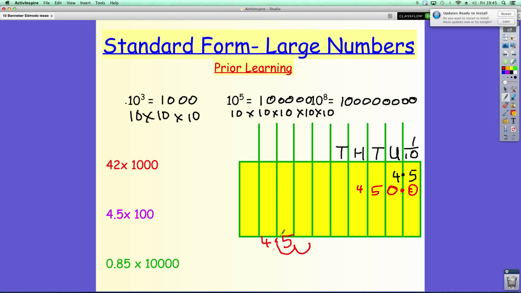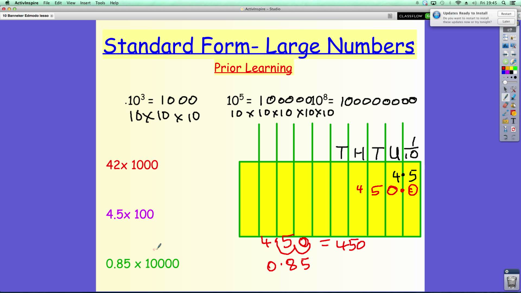Really, it's the place value that's moving, but 1, 2, it still has the same effect, and you get 450. Right, so there's nothing specifically wrong with doing it that way. You just need to bear in mind that it's actually the numbers that are changing place values, and it's not the decimal point that's moving, that stays constant.